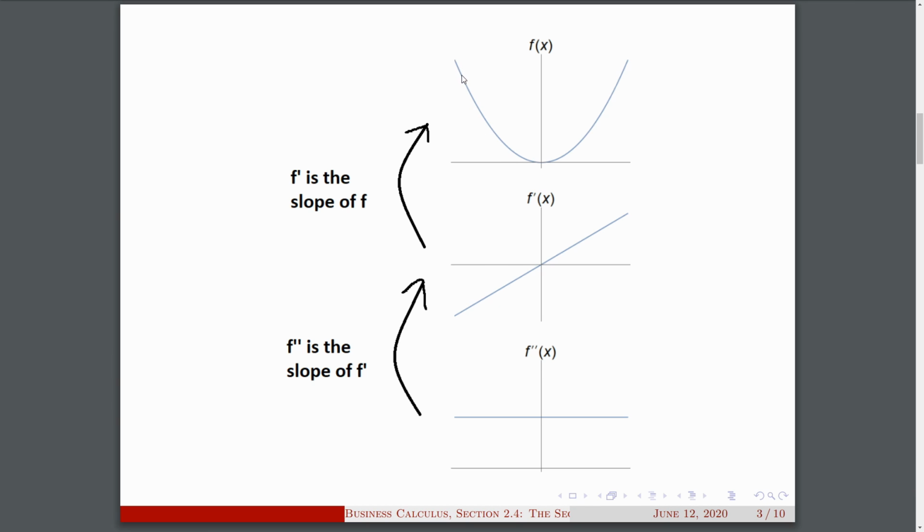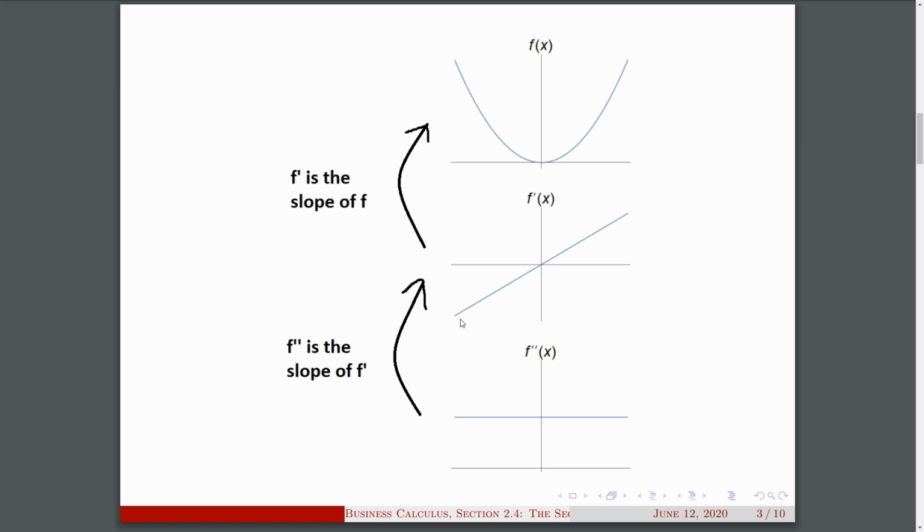Notice the slope is negative, but the slope becomes less negative until it just levels off. It just rounds off completely. And the slope becomes positive, and it becomes more and more positive. As the slope gets higher and higher, see how this function gets steeper and steeper.